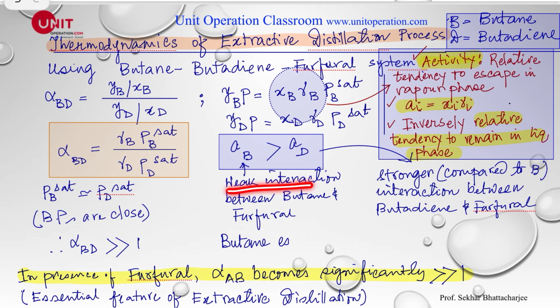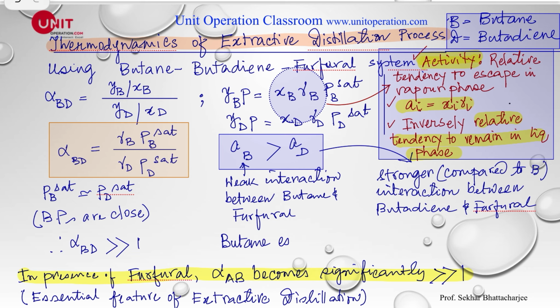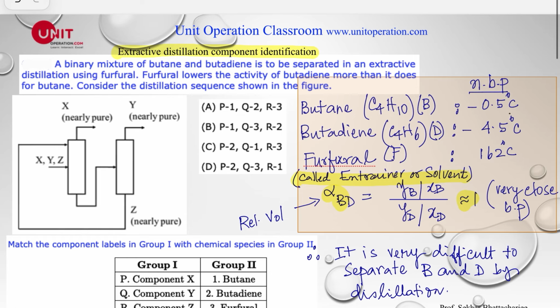There is a weak interaction between butane and furfural when we add furfural to the mixture, whereas there is a much stronger interaction between butadiene and furfural. So what is the effect of that? That is already given in the question: furfural lowers the activity of butadiene more than it does for butane.